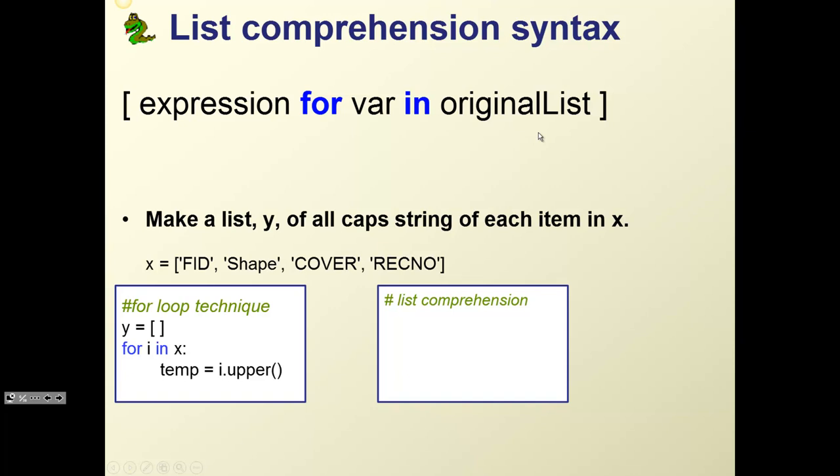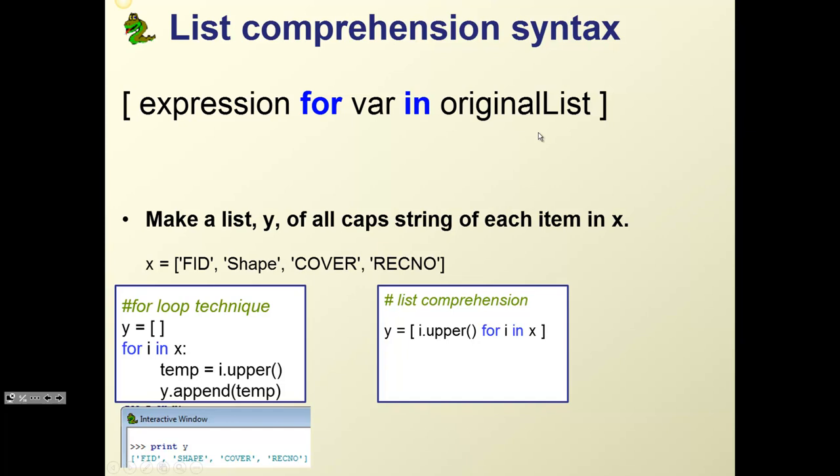For our example that we're doing with looping and appending, if we wanted to make an all caps version of the items in X, we would do i.upper, right, and then append it. So for list comprehension, our expression would be the thing that we're setting temp equal to.